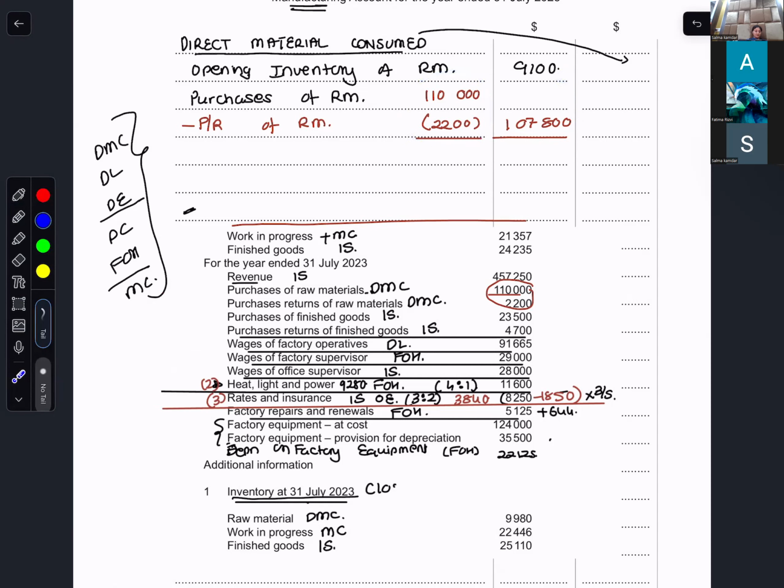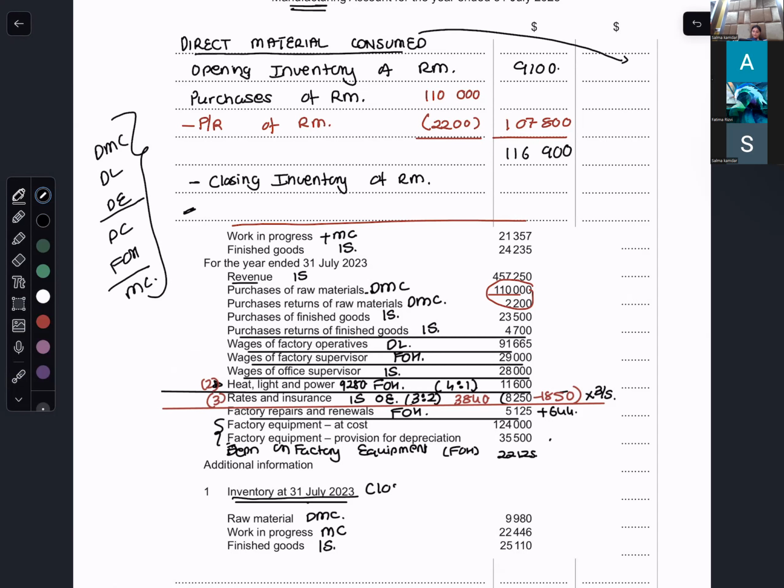So 9,100 plus 107,800 becomes how much? 116,900. Are you with me? Yes, miss. Minus what? Minus closing stock of raw materials. Minus closing inventory of raw material.